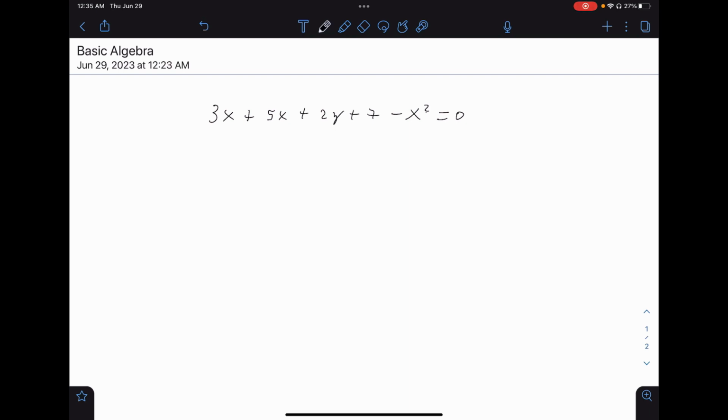I hope you don't want to add x squared and x, and it's okay if you do because this is a beginner algebra video. Would you add 7 to 3x? No. Then why would you add x squared to x? This is x, and this is x squared. They're different things. They're not alike.